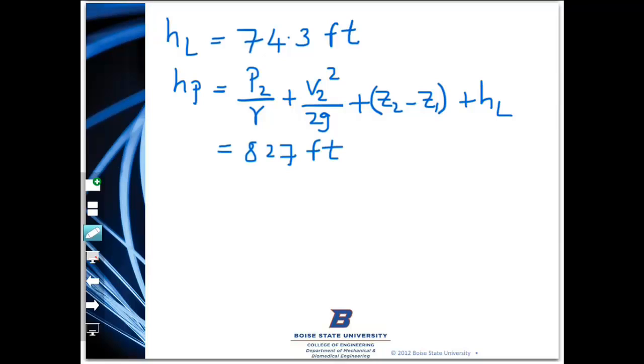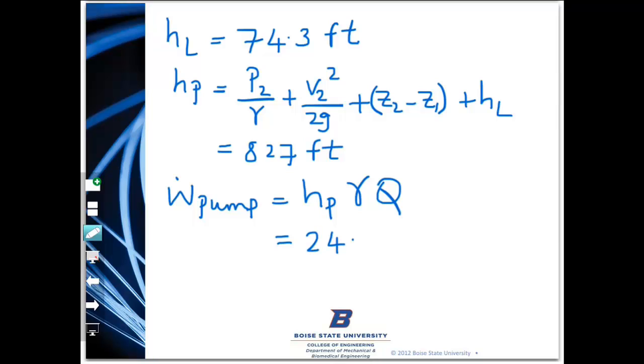Okay, but we are asked to compute the power. So W dot pump will be head due to this pump times the specific weight times the volumetric flow rate. So if you do it and convert the units to horsepower, you should get this to be 24.38 horsepower.